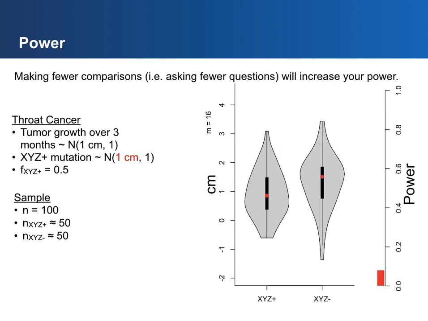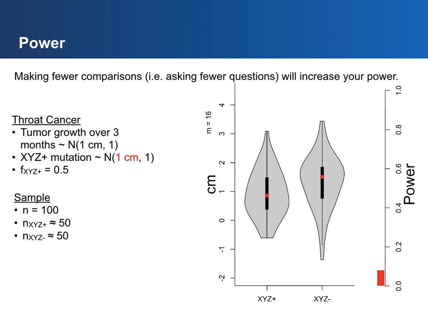So if we look at this, we run 16 simulated studies, and on the 16th one, we see a difference. This would be a false positive finding, which is not desirable, and these happen.